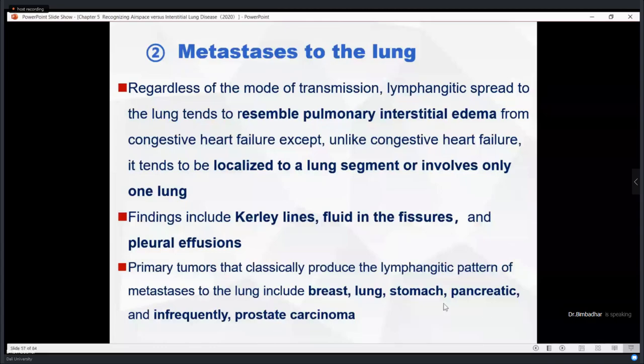What are the characteristic features? Characteristic features are localized lung segmental interstitial-like opacities along with Kerley lines, encysted pleural effusions, and pleural effusions along the costophrenic recesses.